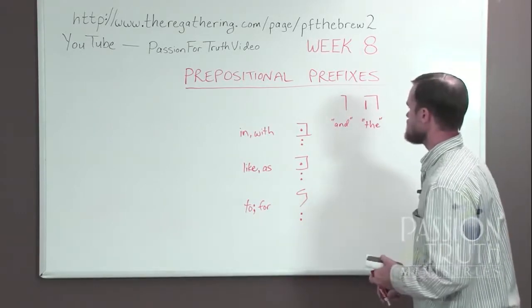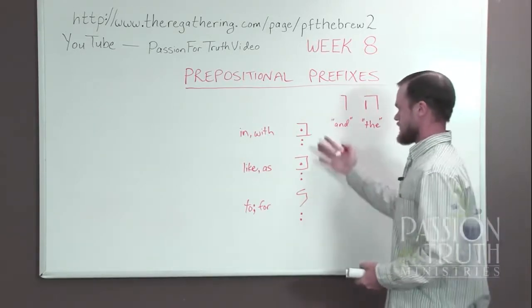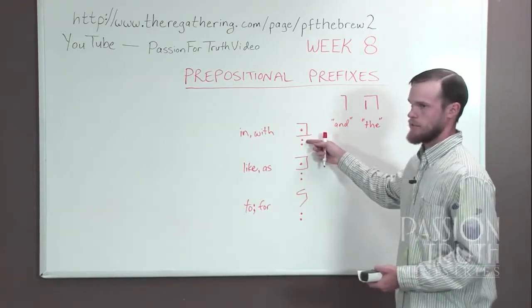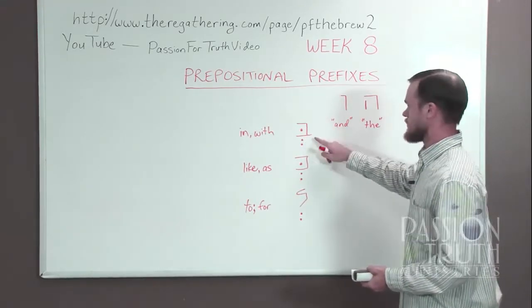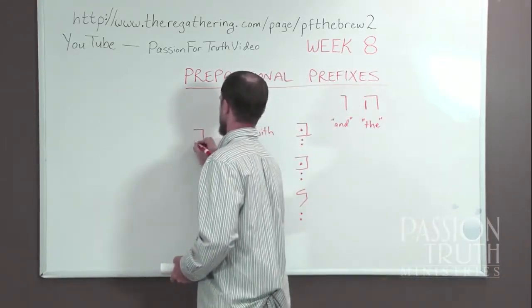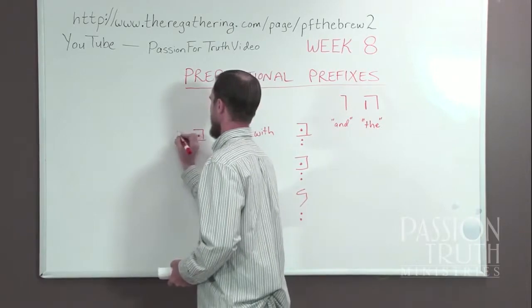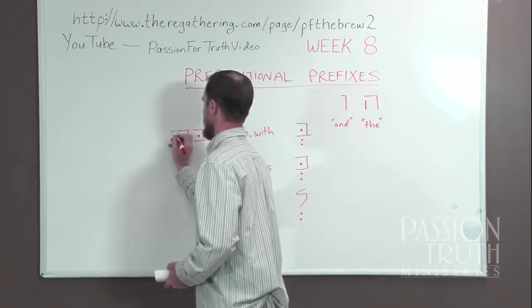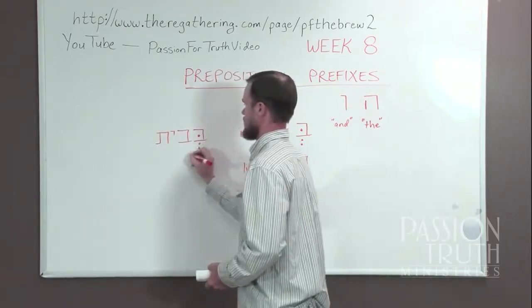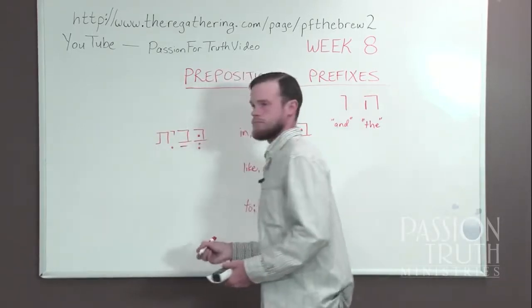Okay? And these prefixes, when they're used in this sense, always have a shva beneath them. Okay, so in a house, okay, house is bayit. So in a house, we put a bait at the beginning to make bayit.